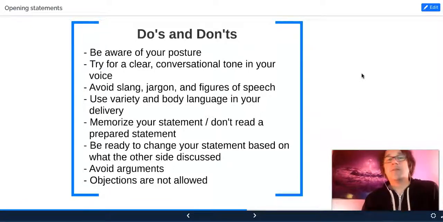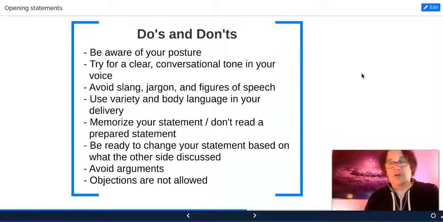For your opening statement and closing statement, you want to try to memorize the statement, or at least memorize the key points of the statement. You don't want to read off of a prepared script. It's just not gonna come across as natural.